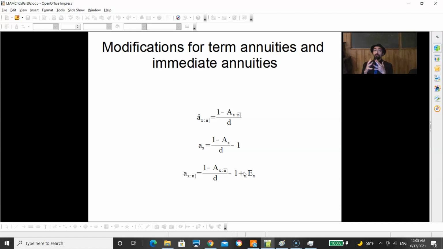If you were to compare annuity policies, one of which is payable at the beginning of the year and one is at the end of the year, as the calendar rolls over, as long as you survive that New Year's party, you get the payment, with the only differences being at the very beginning, one of them gets you a payment and the other doesn't. And at the very end, one of them gets you a payment only as long as you survive, and the other never gets you a payment. So that's where these two correction terms come in.